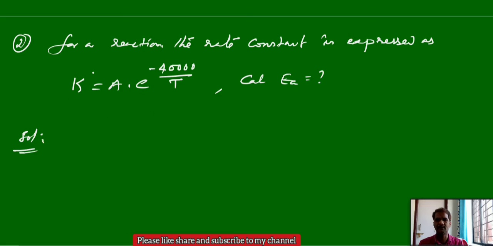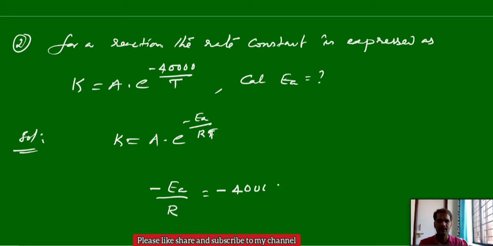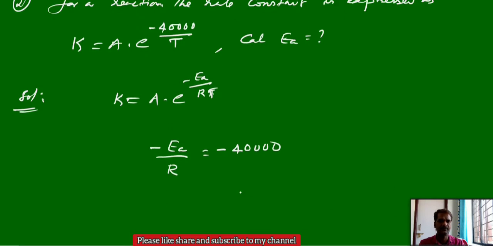Just compare this equation with the Arrhenius equation. We have the Arrhenius equation, K is equal to A into e power minus EA by RT. So in place of minus EA by R, what we have? Minus 40,000. So now we can calculate the EA value.